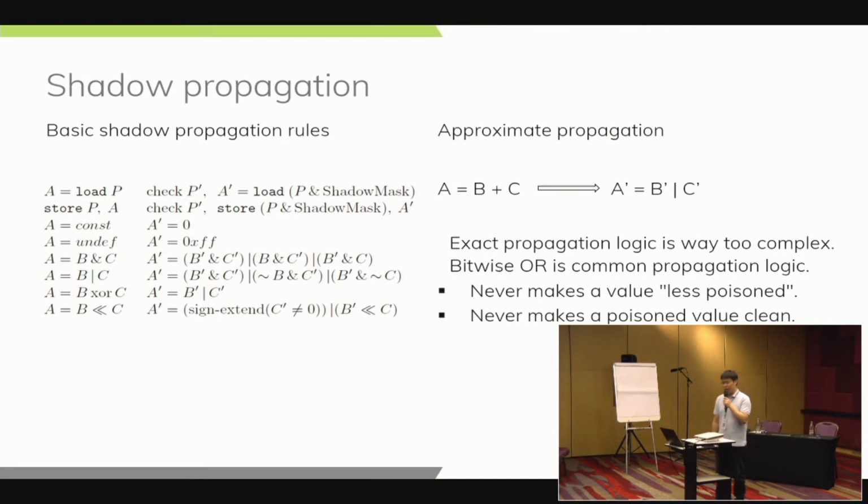So we just use approximate propagation to model this behavior. Here, we just use a bitwise OR operation to model integer addition behavior. Apart from addition, some other operations like multiplication and comparison are also approximate propagation.